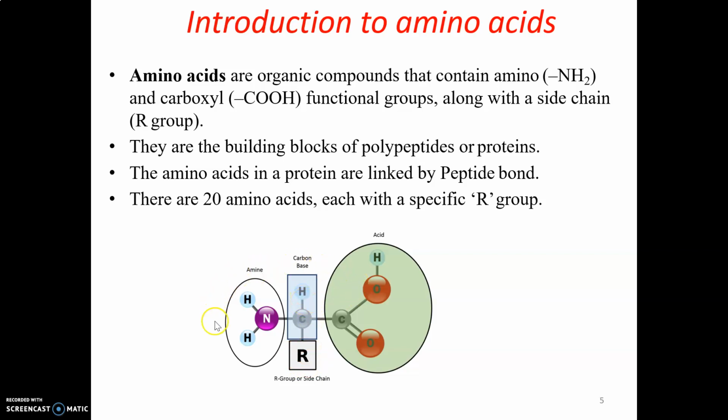So if you know to write this and if you can remember for what R, which is the amino acid, you can easily write the structure of 20 amino acids. So carbon at the center, NH2 group, COOH group, R here and H. So try to know what is the side chain for the individual amino acids.